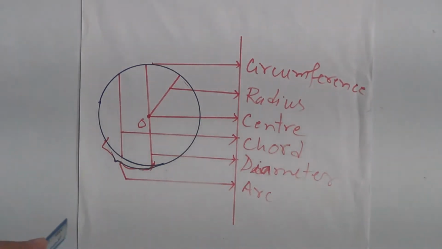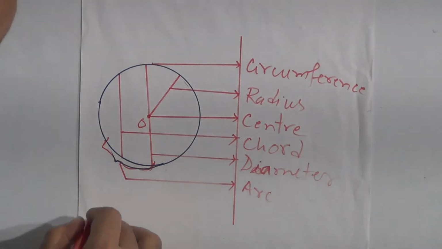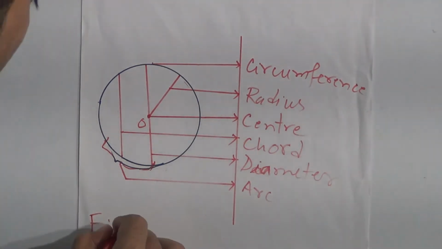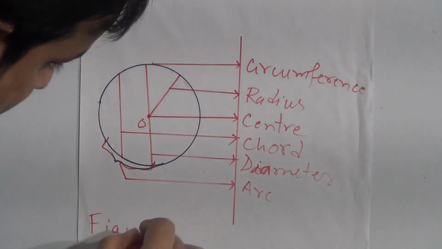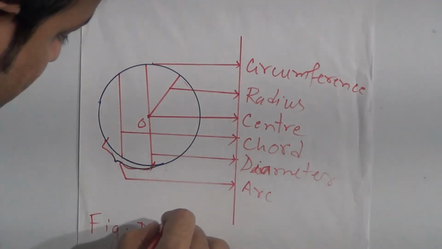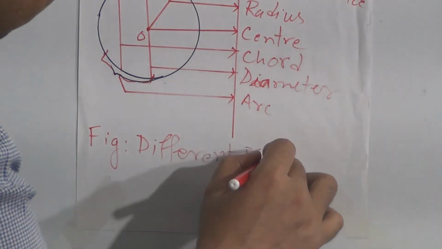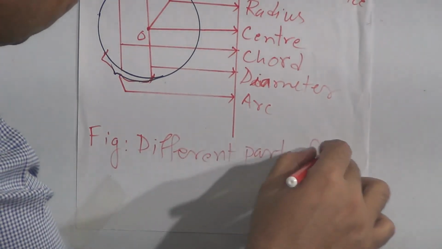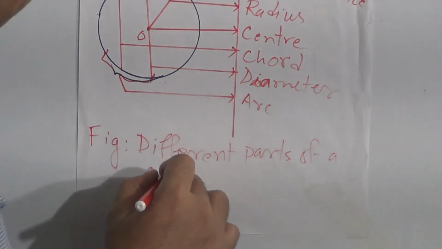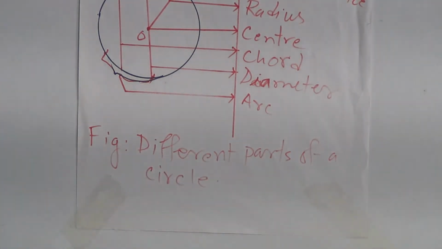Okay, dear students, I have shown the different parts of a circle here, so we can write here figure: different parts of a circle.